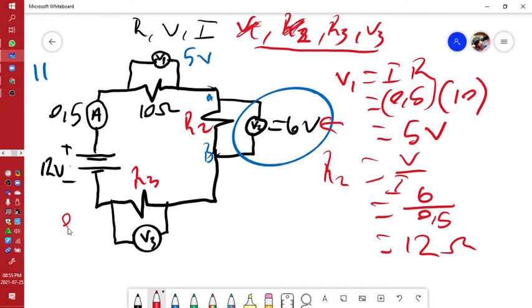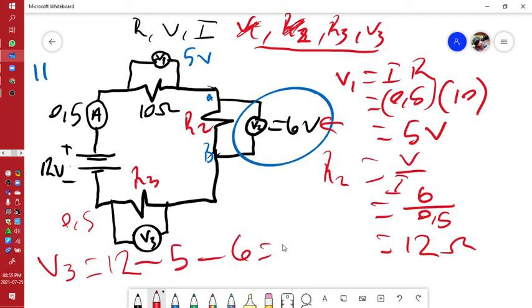And we also know, because we do not have any internal resistance in the circuit, that the voltage on V3 is equal to 12 minus 5 minus 6, which is equal to 1 volt. So here V3 is equal to 1 volt.